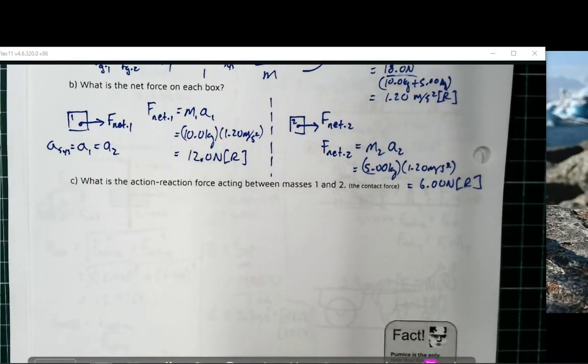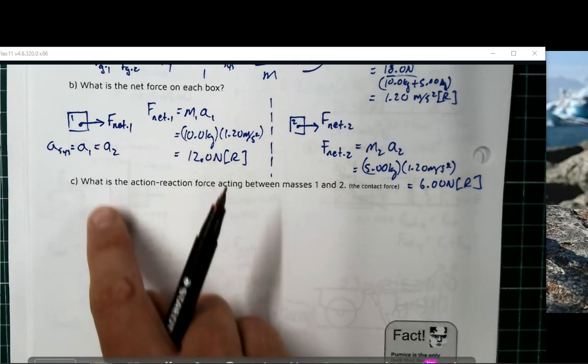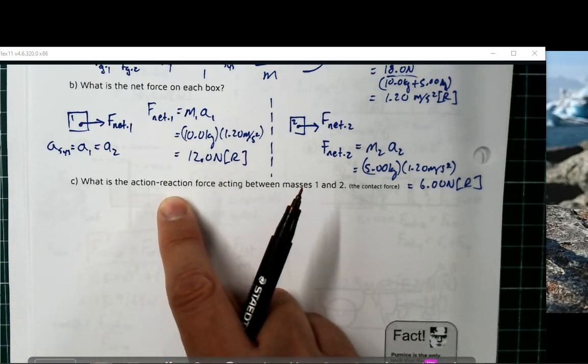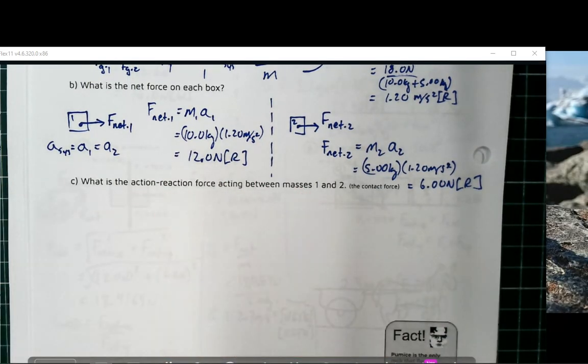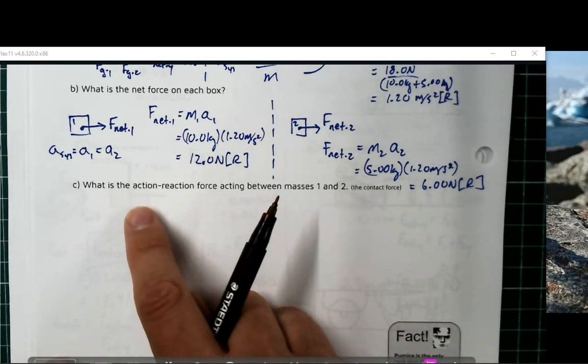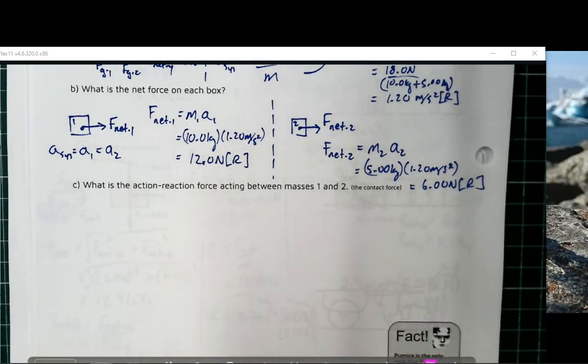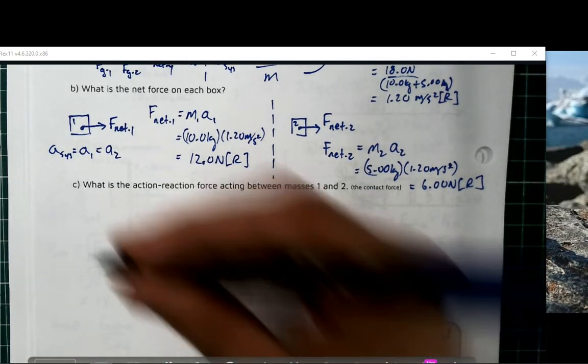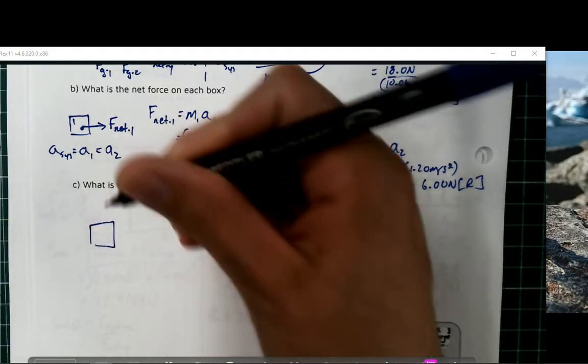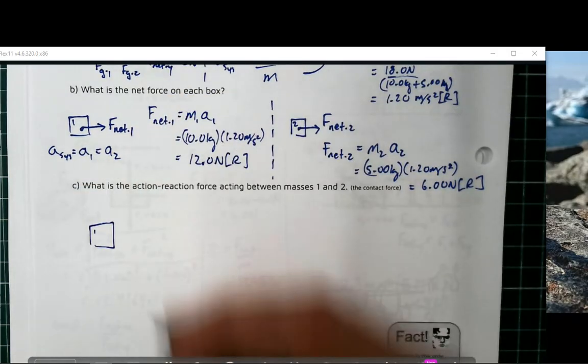Don't do that. Yeah? What happens to F of 2 on 1? Oh, let's talk about that. I love that question. What happens to F of 2 on 1? The question says, part C is about to answer that. So it's like you're reading my mind. Perfect. So what's the action-reaction force between masses 1 and 2? Talk about that. So let's redraw the free body diagram for object 1.